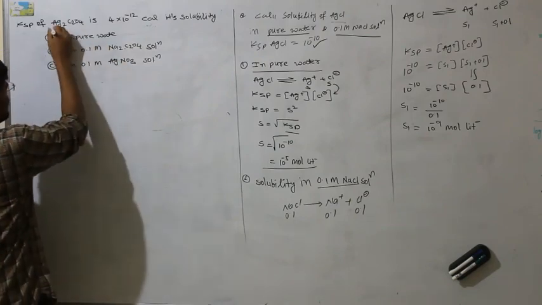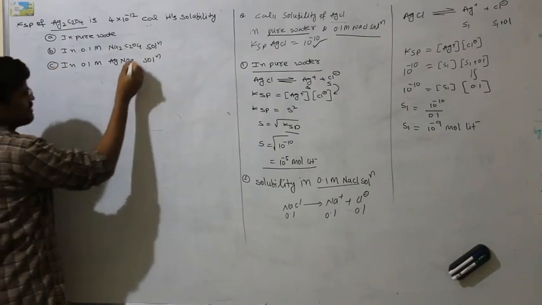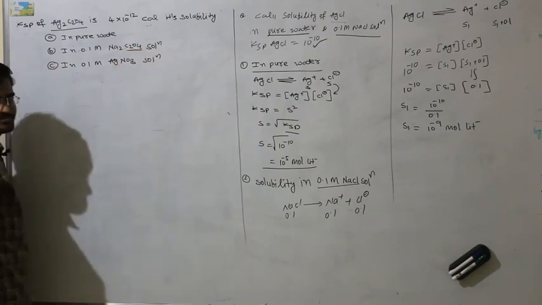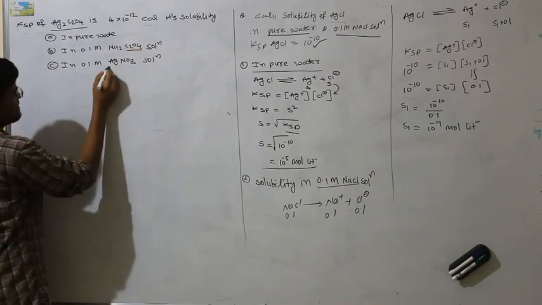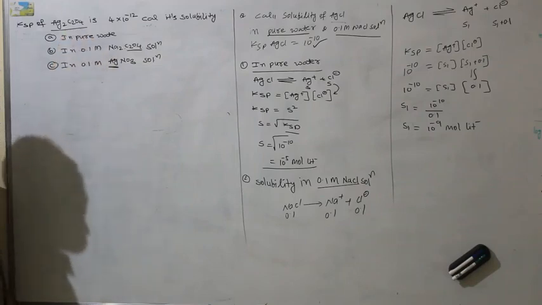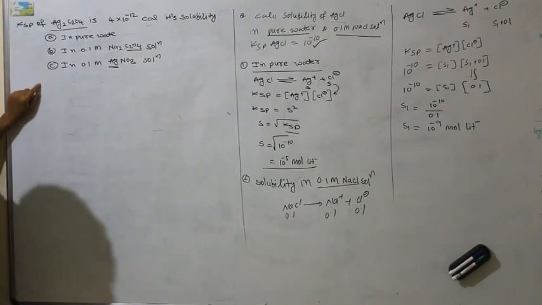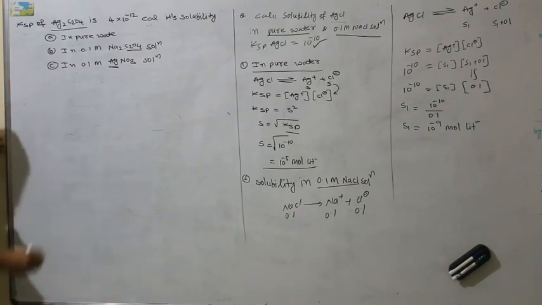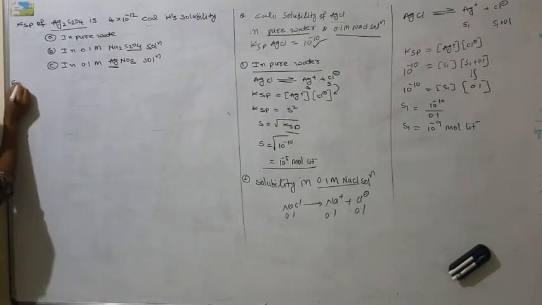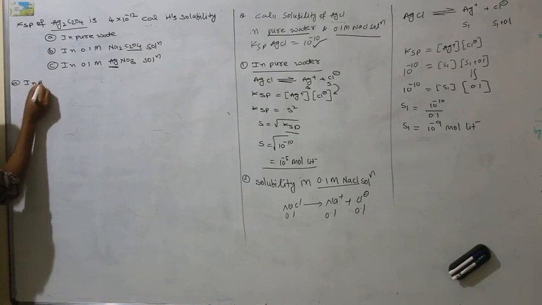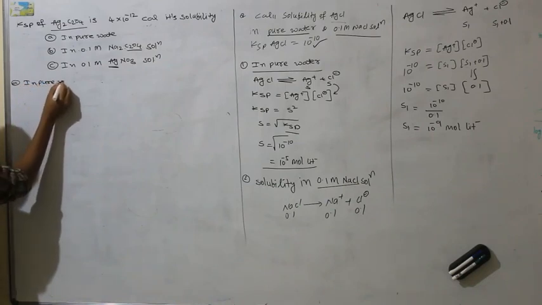For silver oxalate, in the second question, oxalate is the common ion. In the third question, silver is the common ion. So now the first one we will solve in pure water.